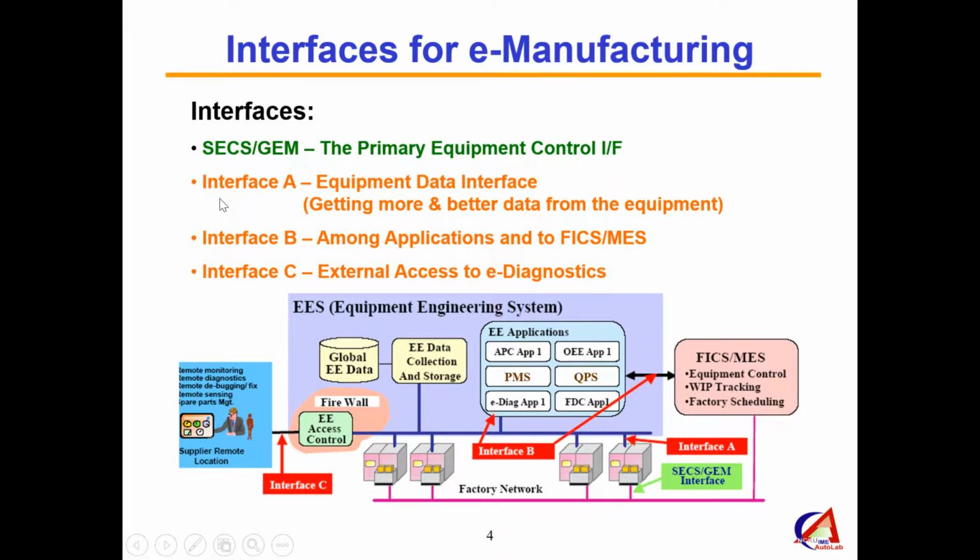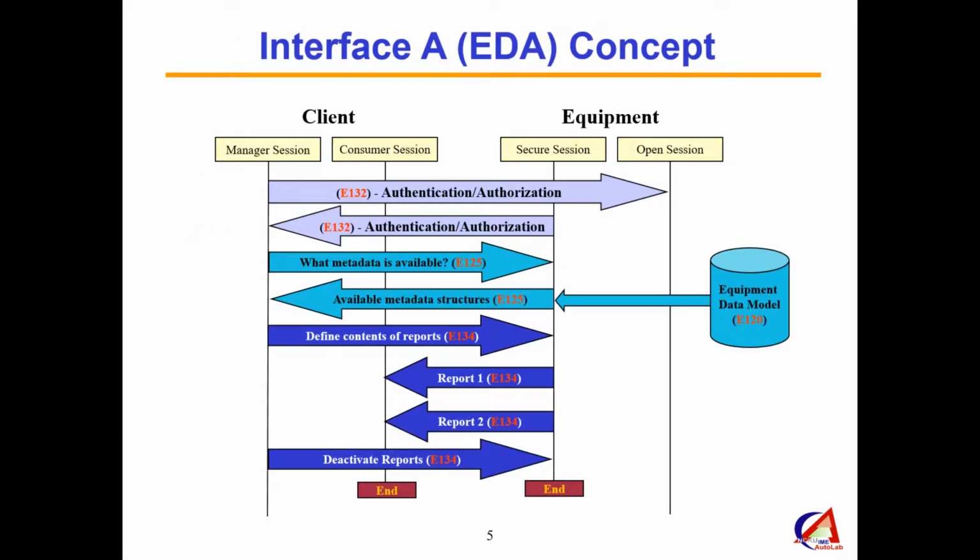So what is SECS/GEM? What is interface A? So you see, this is the interface A EDA concept. This is something similar to what I emphasized to you previously about the single engineering data exchange scenario. So you see, this is the equipment, and that is the client.